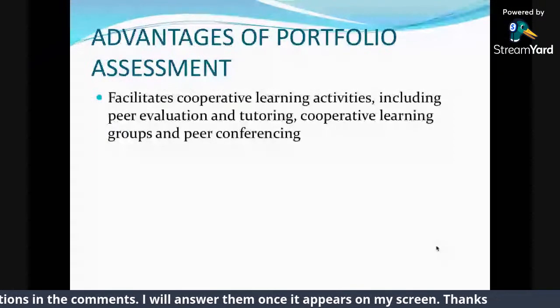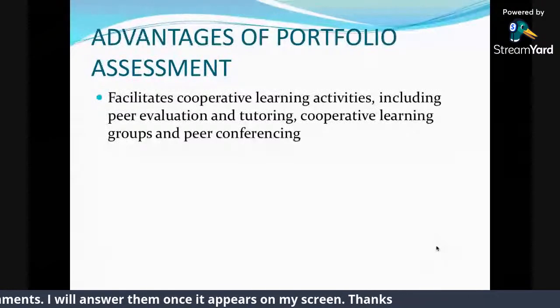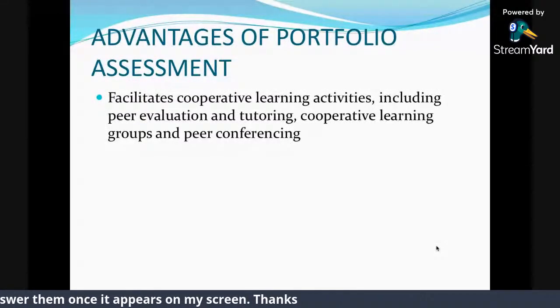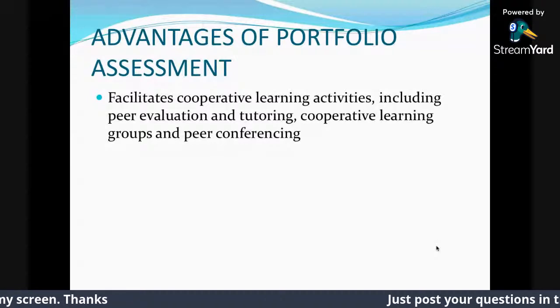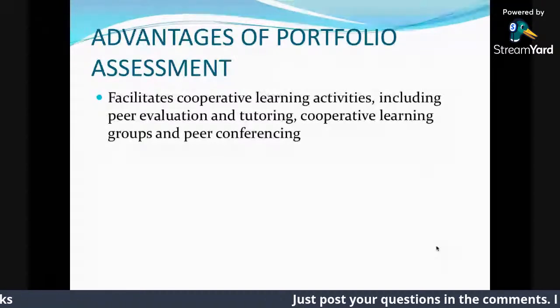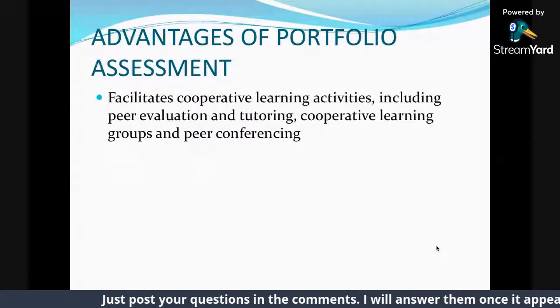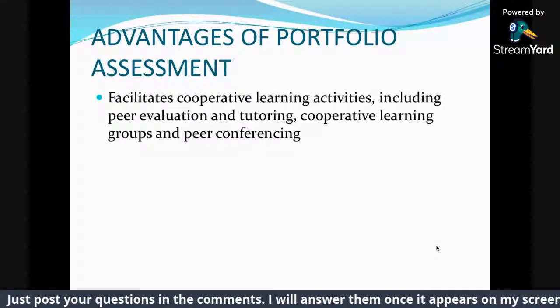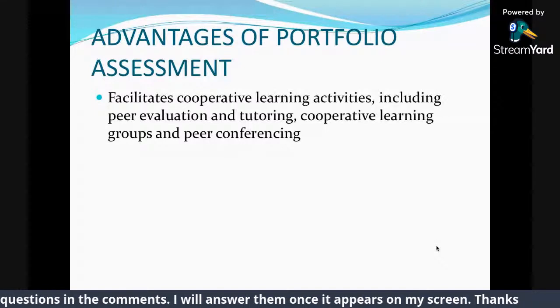We still have more. It facilitates cooperative learning activities, including peer evaluation and tutoring, cooperative learning groups, and peer conferencing. Okay, in making a portfolio, teachers should encourage cooperative learning.